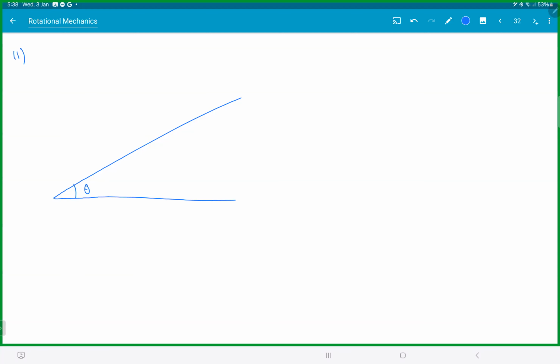We have an incline here. We have a solid hemisphere.